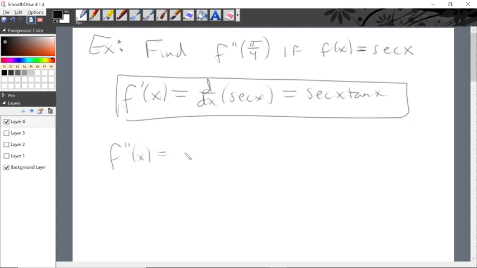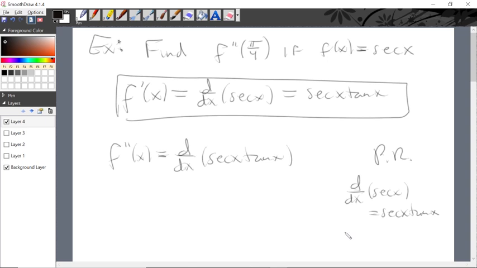So f double prime of x is the derivative with respect to x of secant x tangent x. For this, we can use the product rule and the fact that we know now the derivative of secant, which is secant tangent, and we have the derivative of the tangent as well. Right? Okay, so to recall, the derivative of secant x, right, is secant x tangent x.